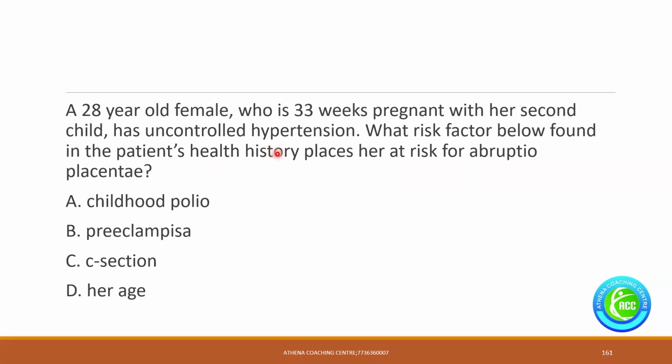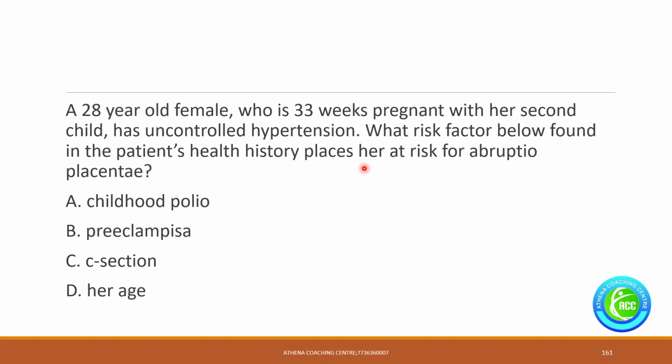So already the female has hypertension, uncontrolled hypertension. Uncontrolled hypertension during pregnancy is considered gestational hypertension. So gestational hypertension causes abruptio placenta, and it causes preeclampsia and eclampsia. So which risk factor places her at risk for placenta previa?